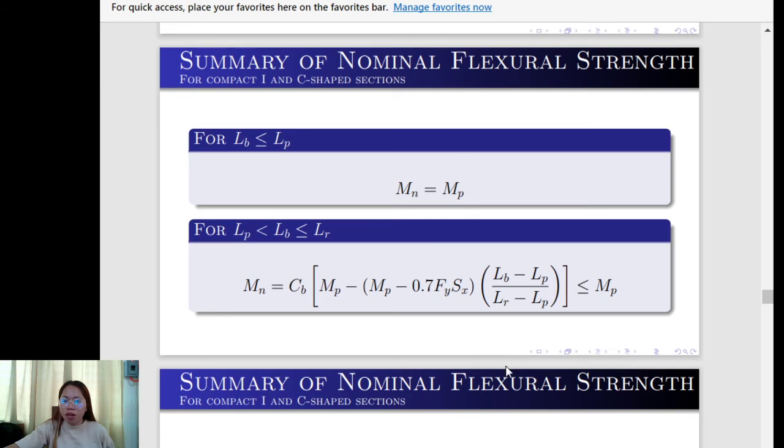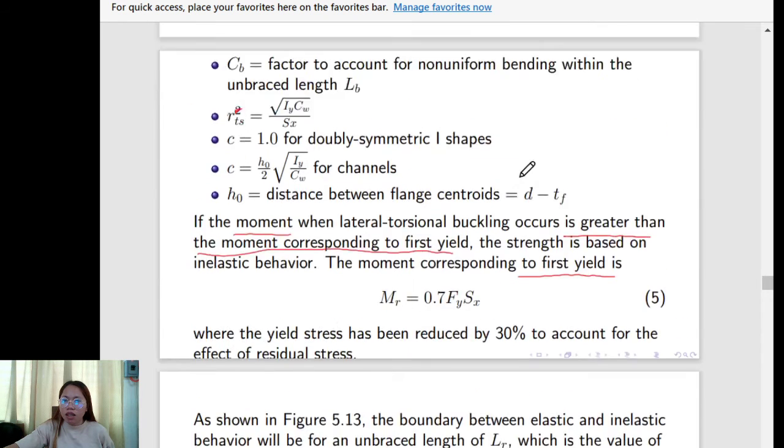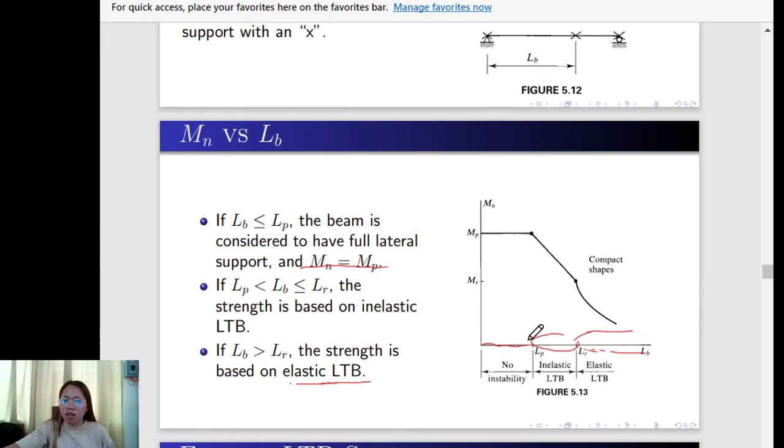Alright. Summary for the nominal flexural strength for compact I and C-shaped sections. For L sub b less than L sub p, meaning it reaches the plastic moment, in this region here, no instability.